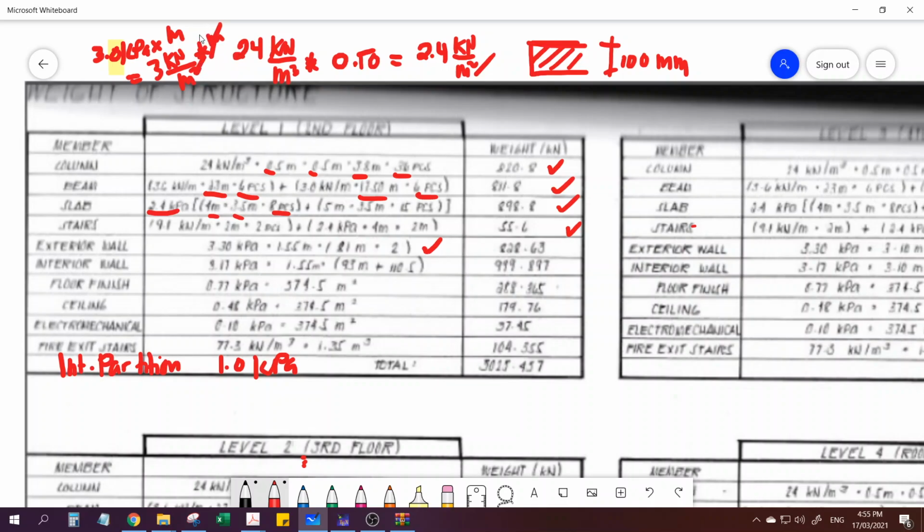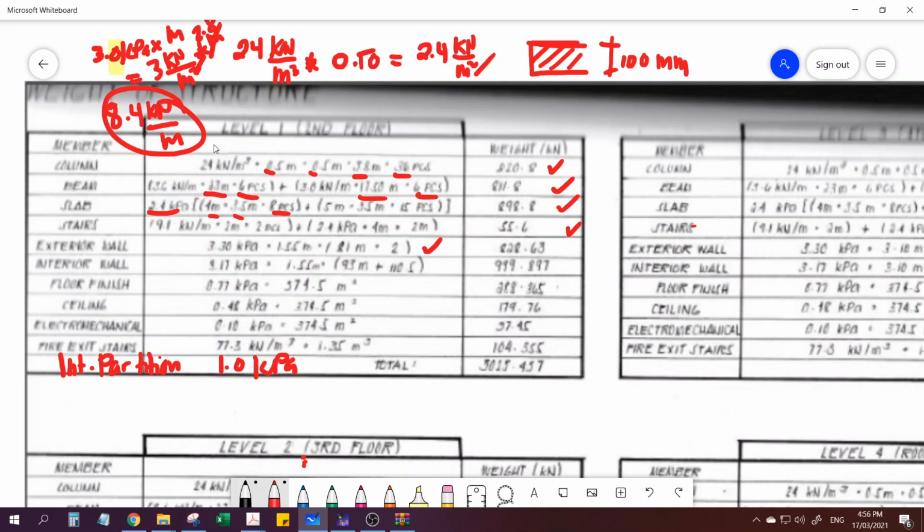Then height is typically 2.8 or 3 meters, di ba? Yan. So you will have 3 times 2.8. So 8.4 kilonewton per meter. So parang yun ang lalabas na 8.4 kilonewton per meter. Yan. Na uniform load ng CHB, if 2.8 meter yung height mo.